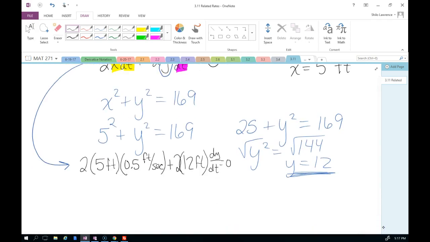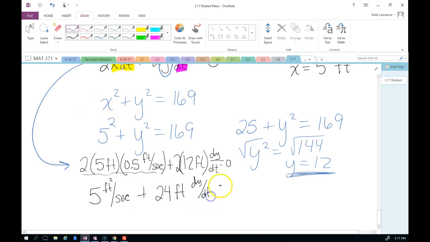And we need to solve this equation for dy dt. So we can multiply all these together, and this ends up as 5 square feet per second plus 24 feet dy dt equals 0.